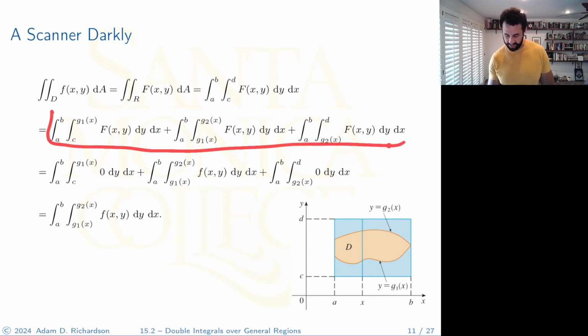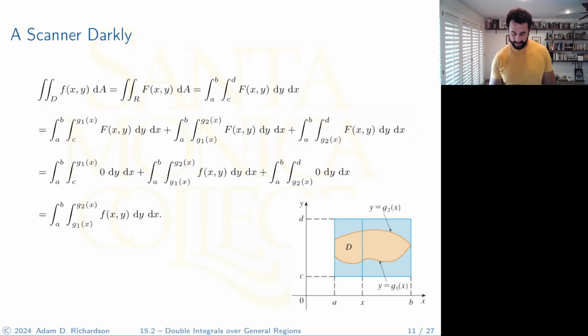There are three separate integrals here. The first integral is when y goes from c to g1 of x. So that's this right here. This is the region indicated by this, because y is going from c to this curve, g1 of x.